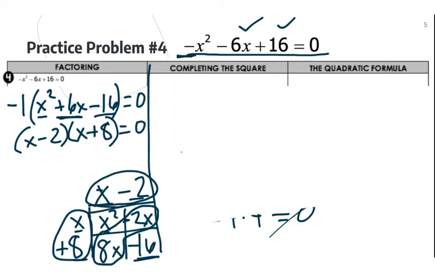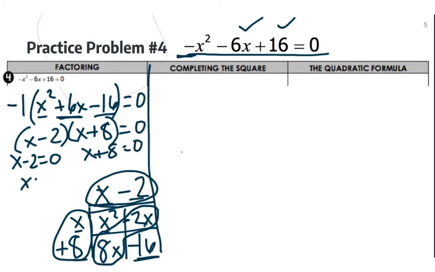I'm going to use the zero product property. And so I'm going to set x minus 2 equal to 0 and x plus 8 equal to 0. So when I add 2 on both sides, I'll get x equals 2. And when I subtract 8 on both sides, I will get x equals negative 8.